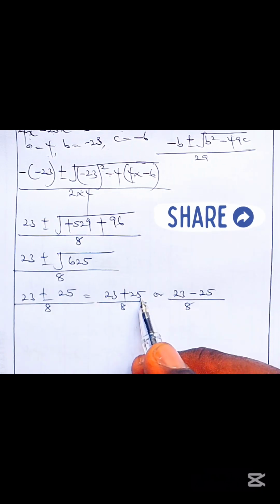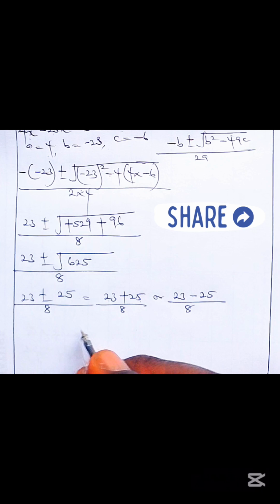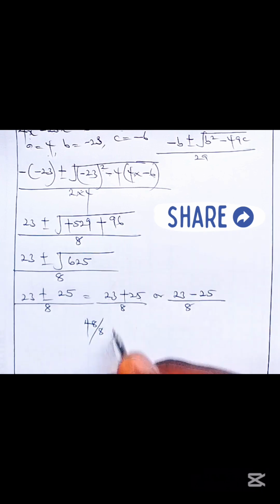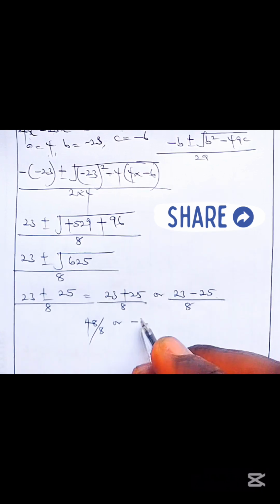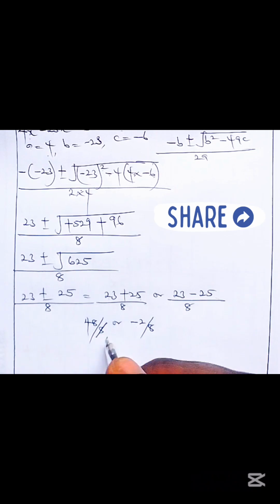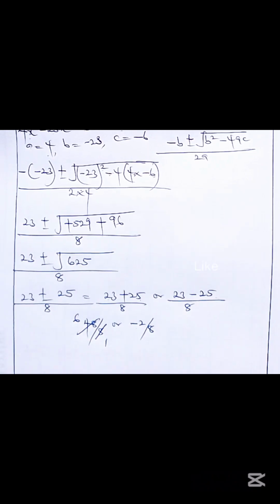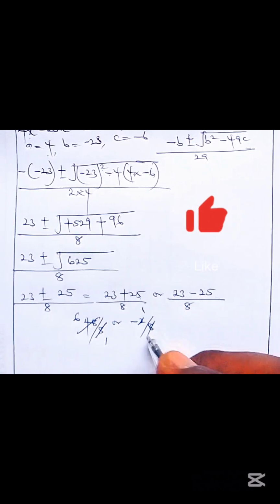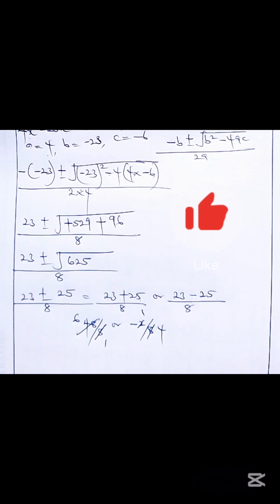So 23 plus 25 will give us 48 over 8, or 23 minus 25 will give us minus 2 over 8. So 8 here 1, 8 here 6. 2 here 1, 2 here 4. So it means the values of x will be 6 or minus 1 over 4.